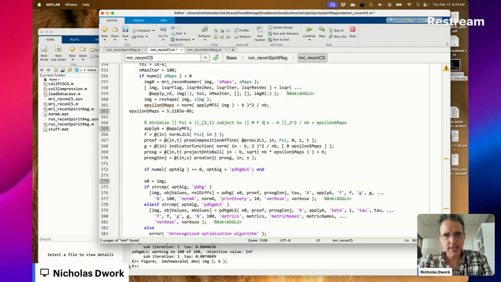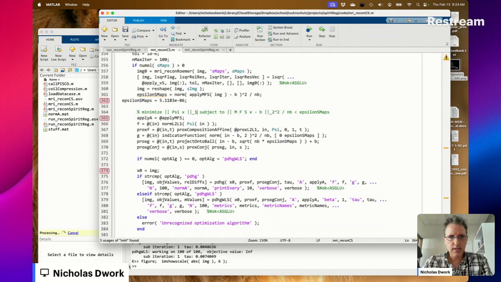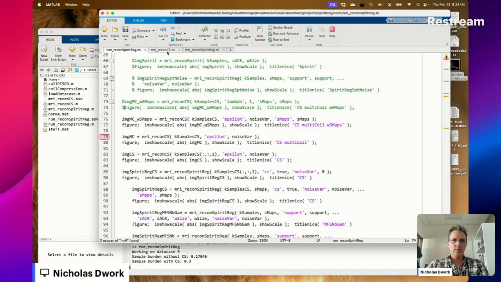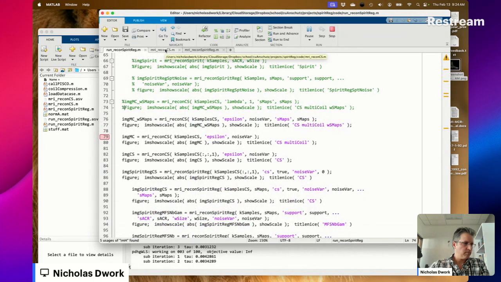Well, that's silly. It should be prox L1 complex. Please work. Please, please, please work.